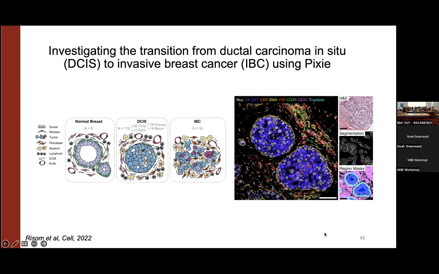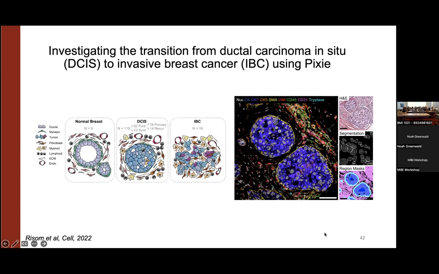The normal breast tissue is defined by this green myoepithelial layer that surrounds the ductal cells. In DCIS, this layer becomes very, very thin and stretched out. And in IBC, it completely breaks apart, allowing the tumor cells to invade other places. So this myoepithelial layer is a very important histological region in understanding why DCIS progresses to IBC.